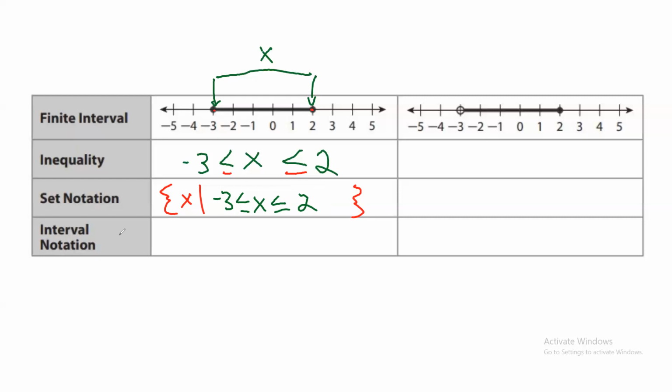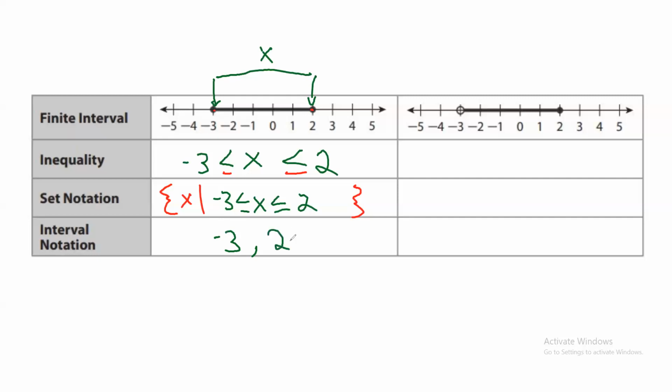All right? How about interval notation? What's my low number? What's the smallest number that this can be? -3. What's the highest number, or what's the largest number that this can be? 2.